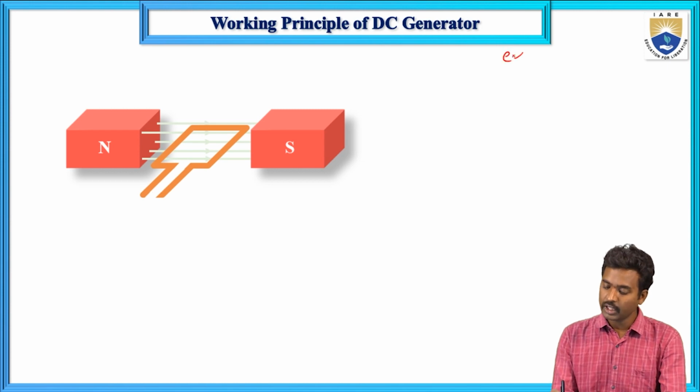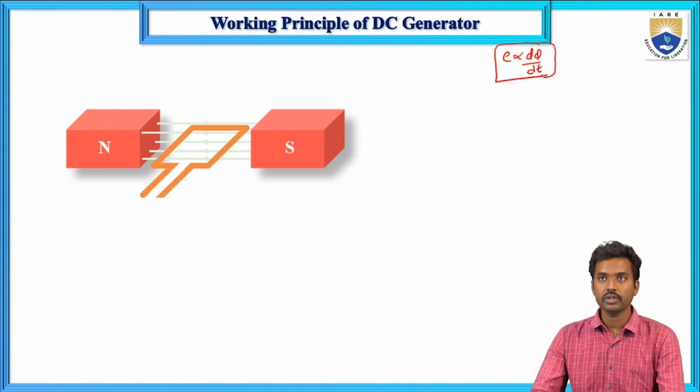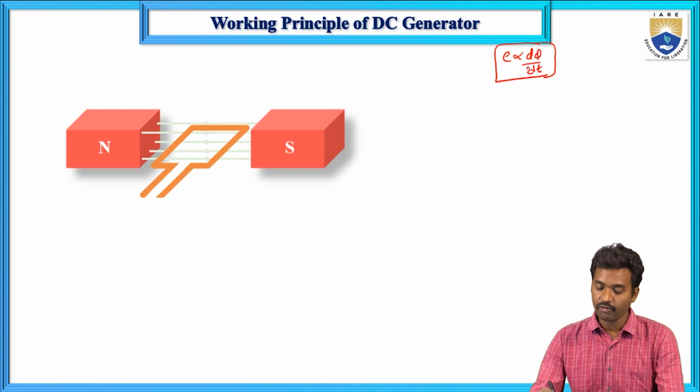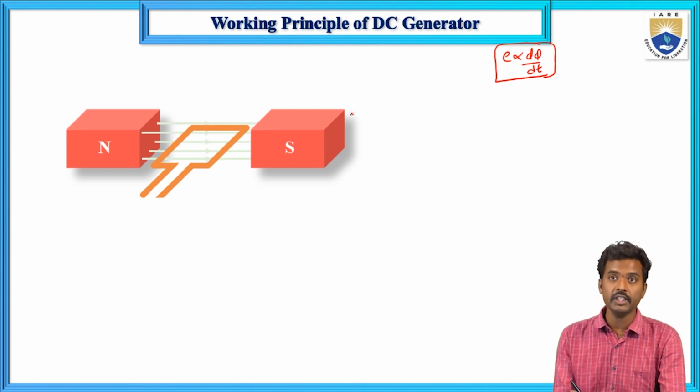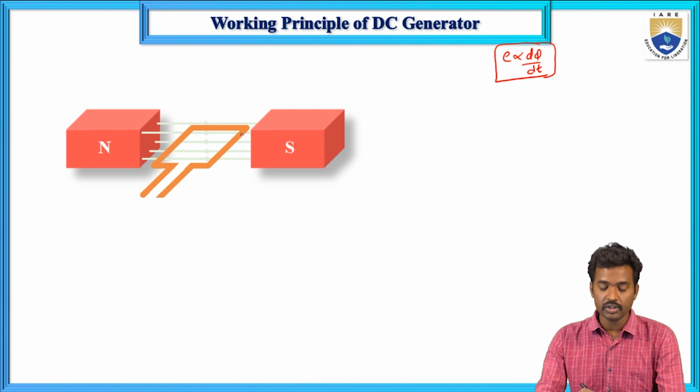According to Faraday's law, E is directly proportional to d phi by dt, so there must be a rate of change of flux. How will we get a rate of change of flux? Either the single turn conductor should be rotated, or the magnetic field should be rotated. Here I am taking the magnetic field as stationary and the conductor as rotating.